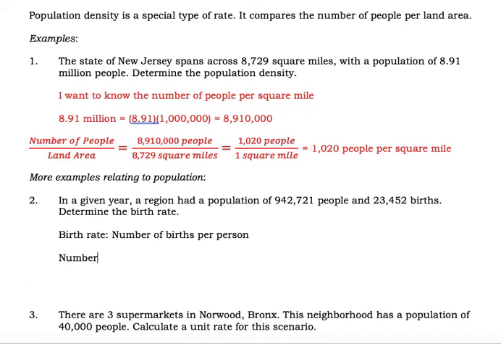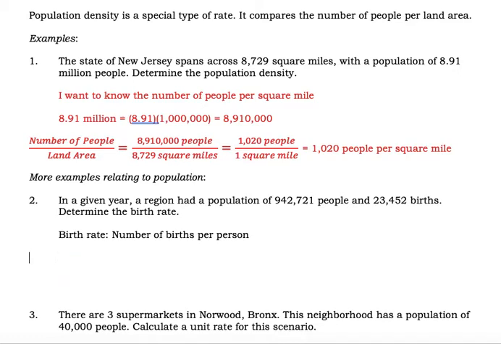What doesn't make as much sense is the number of people per birth. If I told you there's 50 people for every birth, how is that really helping you to analyze the birth rate? Conceptually, that's not as helpful. So I know that I don't want my final answer to look like this, because that's not going to tell me much about these numbers.